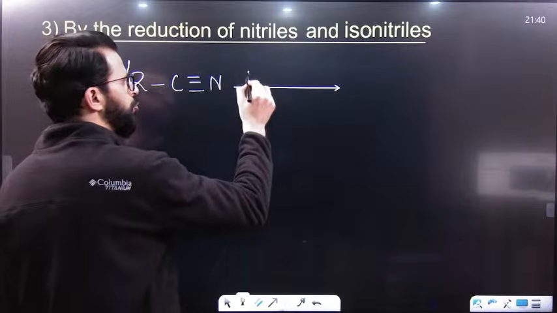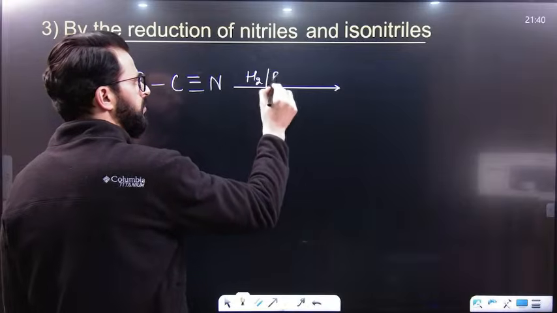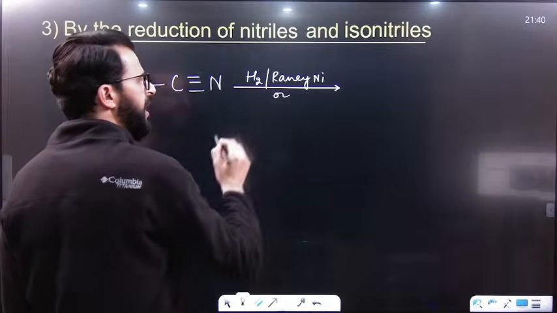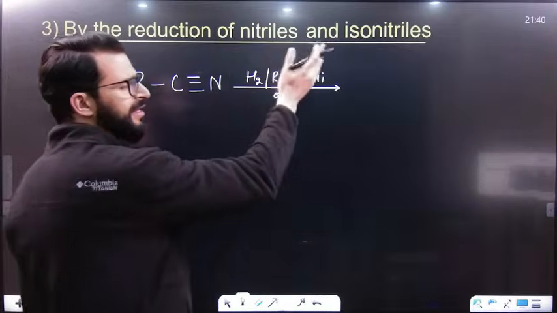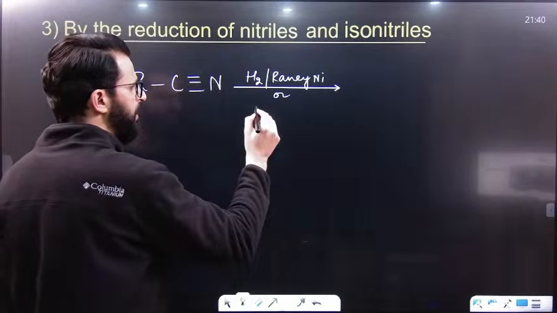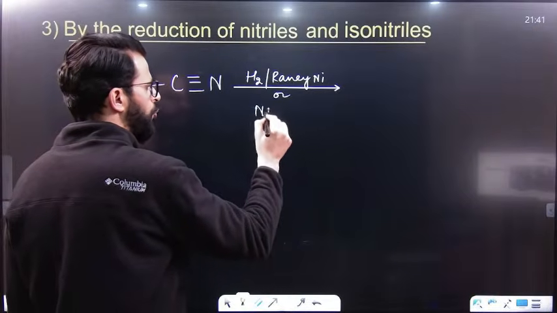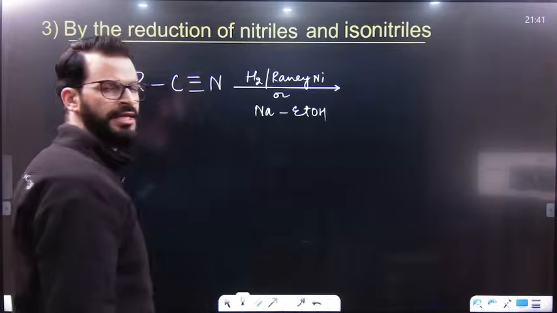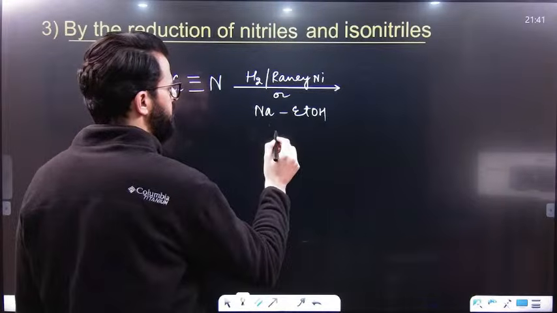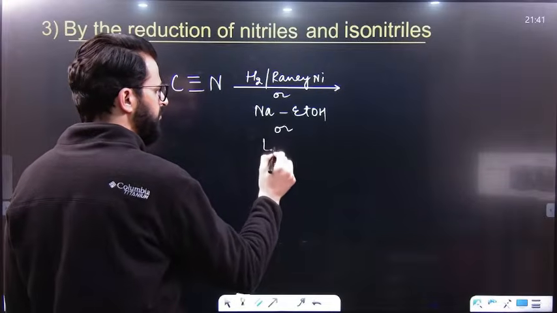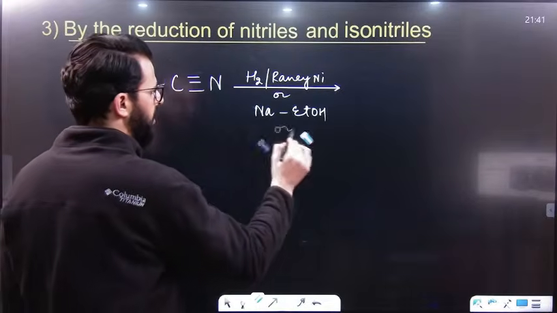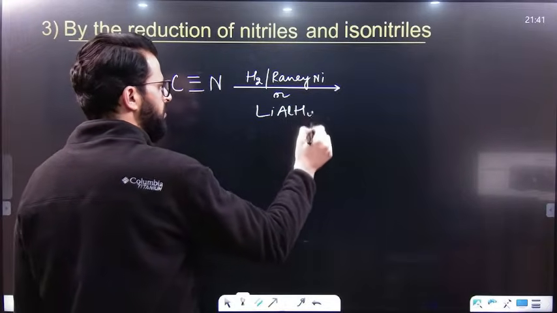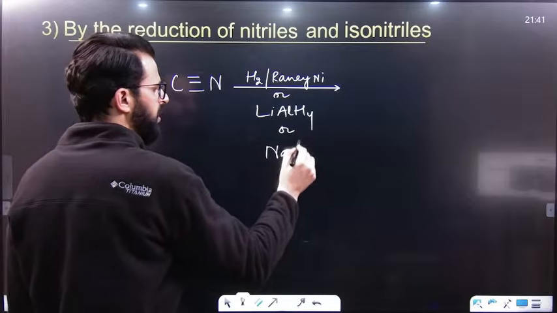Reducing agents generally used are hydrogen in presence of a catalyst, for example Raney nickel, that means catalytic hydrogenation, or sodium in ethanol or sodium amalgam in ethanol. Similarly, you can use lithium aluminium hydride.